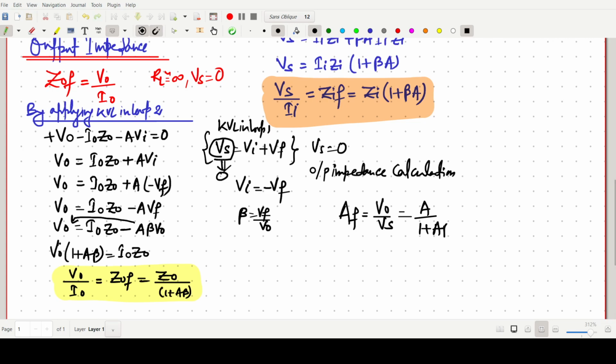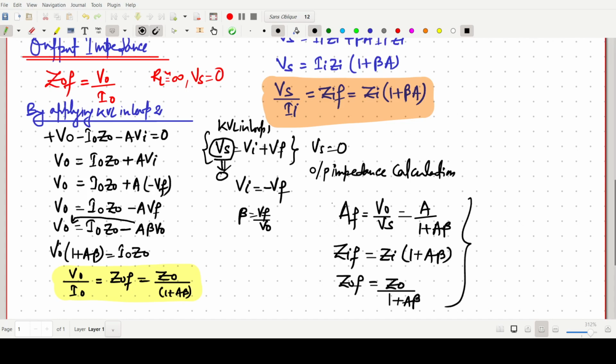Now input impedance with feedback is nothing but simply Zi times 1 plus A beta, and Z naught F, the output impedance with feedback, is Z naught by 1 plus A beta. So these three are very important formulas. So you have to remember them, or you have to know the process of how to derive them. Very simple process.